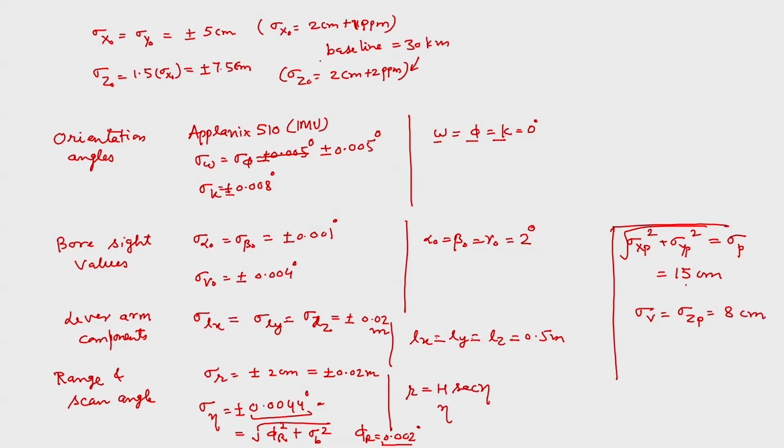So, you can see here that the error in the vertical direction of LiDAR is much lower, or 50% of the error in the planimetric direction, and that is the beauty of LiDAR compared to photogrammetry or GPS. In the case of photogrammetry and GPS, you might have observed the vertical error is twice the horizontal or planimetric error. In the case of LiDAR, it is completely reverse, or I can say that LiDAR is more accurate in the vertical direction.